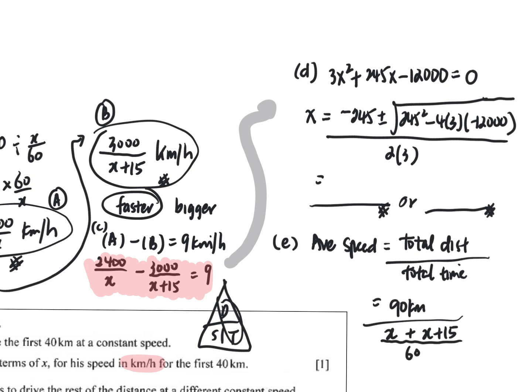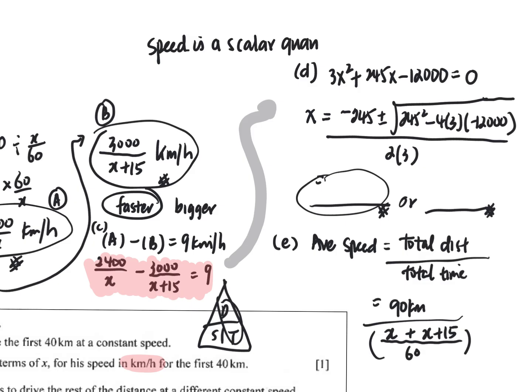Right? Remember to convert to hours. So the X, you will choose the one that is correct. There are two answers there. One is positive, one is negative. You will reject the negative one because speed is a scalar quantity. It has no direction. It shouldn't be negative.